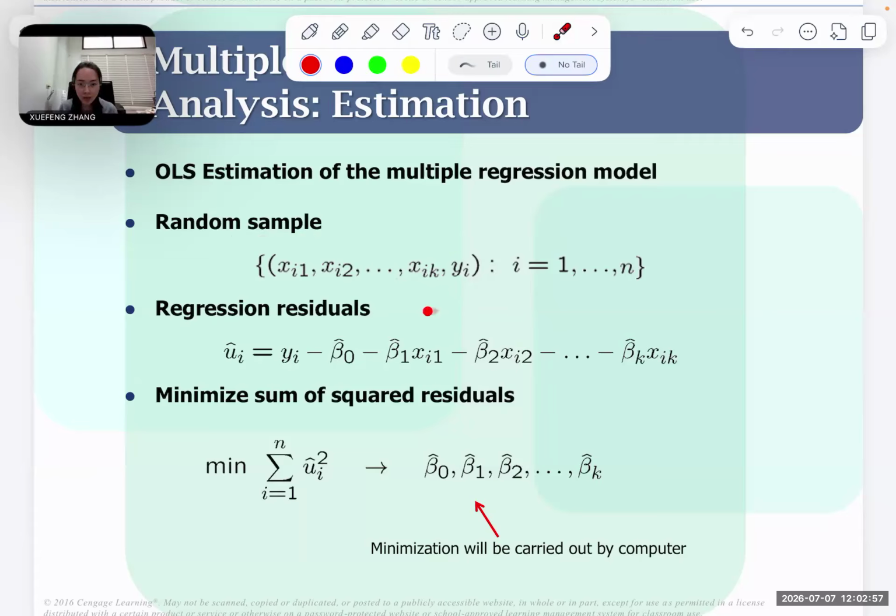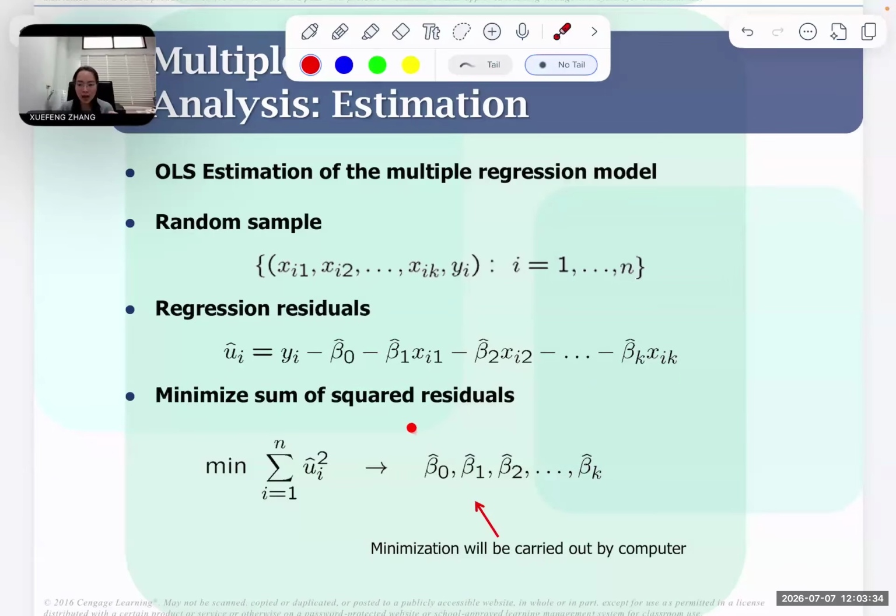With a random sample, we have the regression residual, which is mu i hat equal y i minus beta 0 hat minus beta 1 hat x i1 minus beta 2 hat x i2, minus all the way through to beta k hat x ik. Remember, the residual equals the actual y minus the fitted y hat.